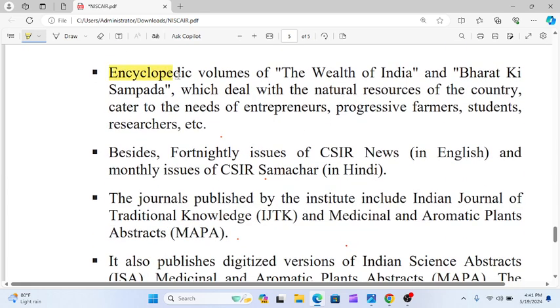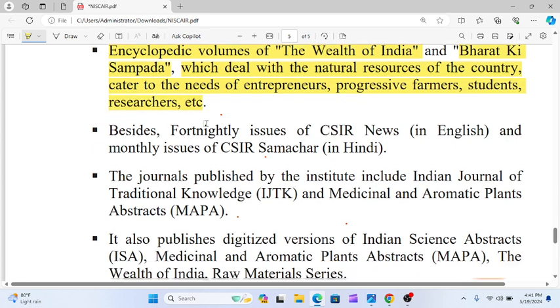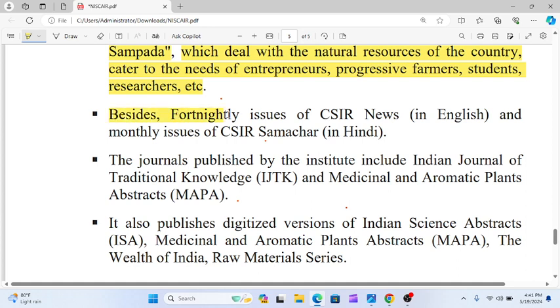Encyclopedia volumes of The Wealth of India and Bharat Ki Sampada, which deal with the natural resources of the country, cater to the needs of entrepreneurs, progressive farmers, students, researchers, etc. Besides, fortnightly issues of CSIR News in English and monthly issues of CSIR Samachar in Hindi.